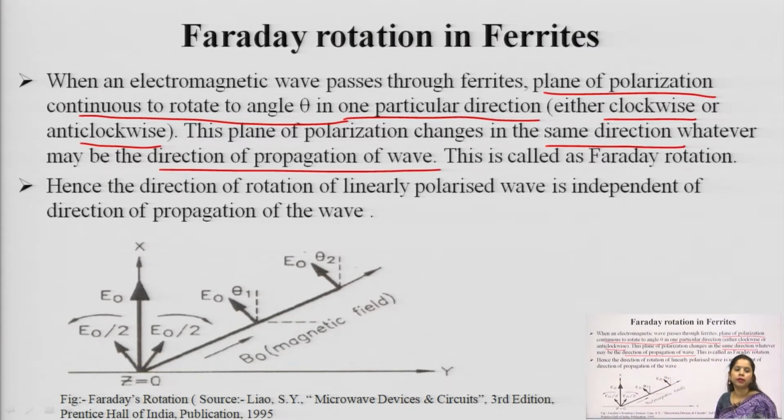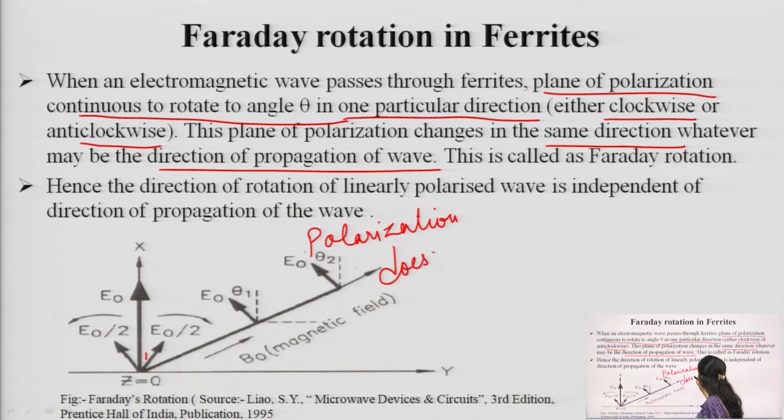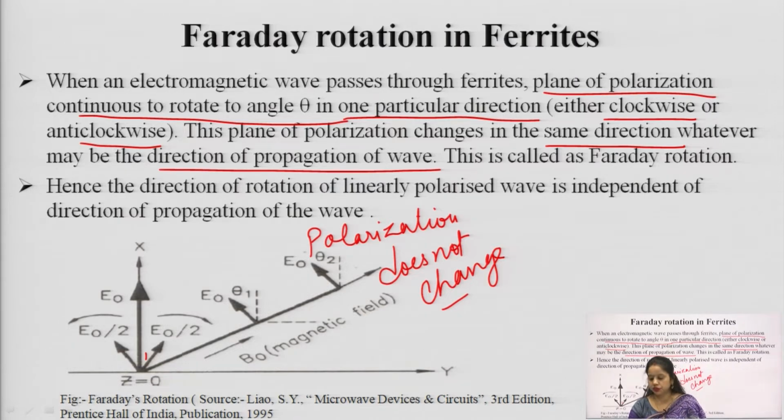So, whenever electromagnetic waves are passed through the ferrite material, the rotation of the plane of polarization, either clockwise or anti-clockwise, remains the same whatever be the direction of propagation of the wave. So, this is the basic thing we should remember about the Faraday rotation in the ferrites.